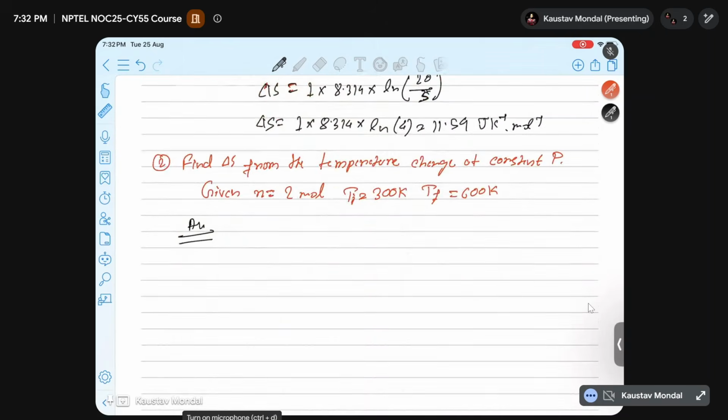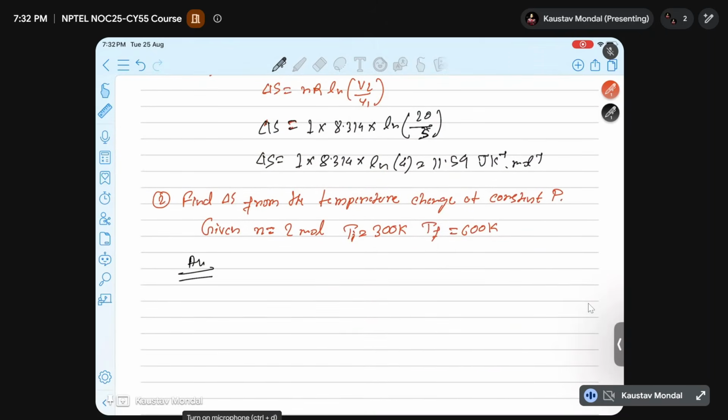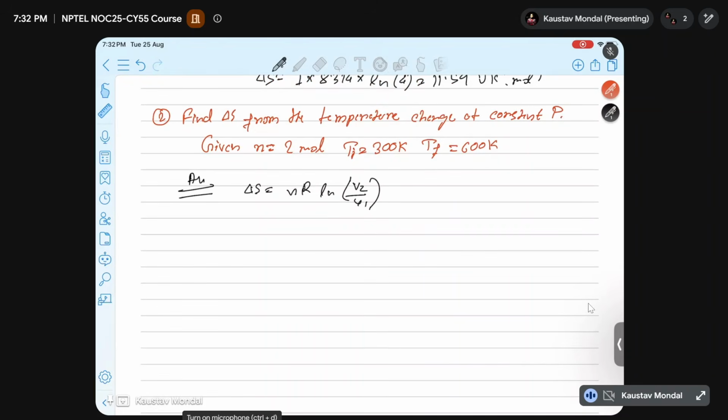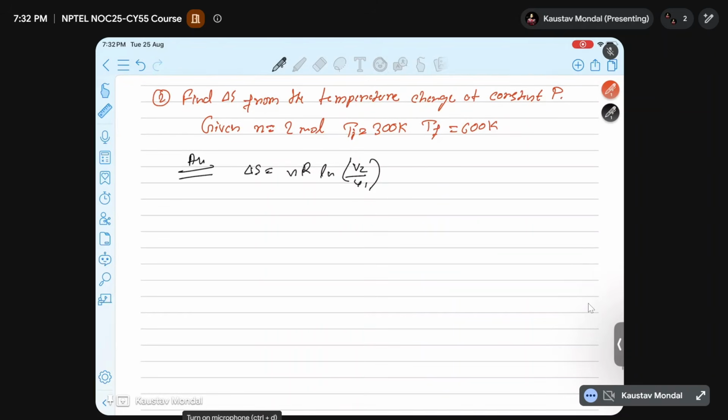So the normal formula is this: delta S is equal to nR ln V2 by V1. So since the temperature is changing but P remains constant, so through T basically V is changing. Okay, but we cannot readily determine what is the change in V from the question.